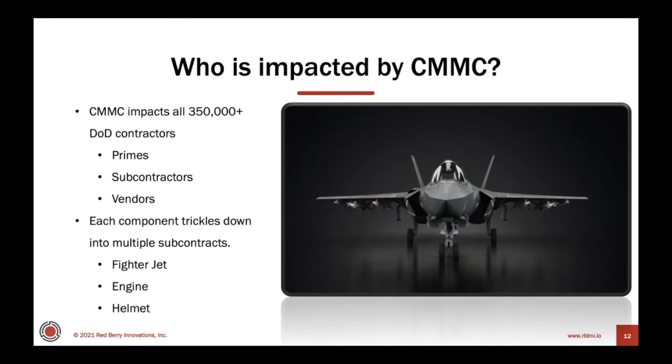Each component trickles down into multiple contracts. So often we think of contracting as the big ticket items like a fighter jet. But under those, we'll have multiple contracts that go in for everything from the cockpits to the helmet to the engines to the door handles and all other associated components that go into building these major contracts.